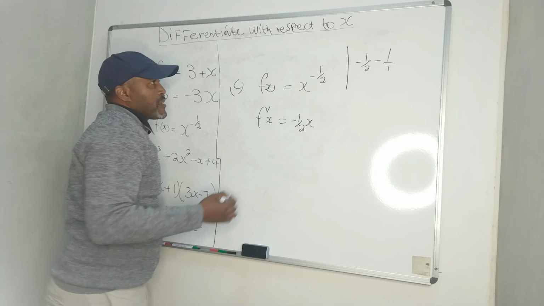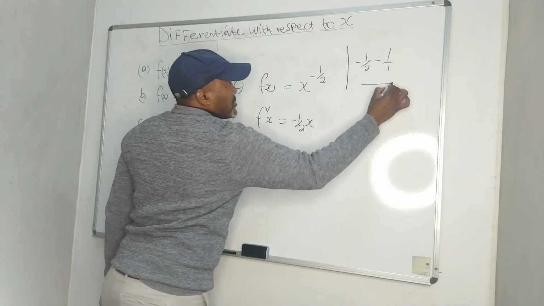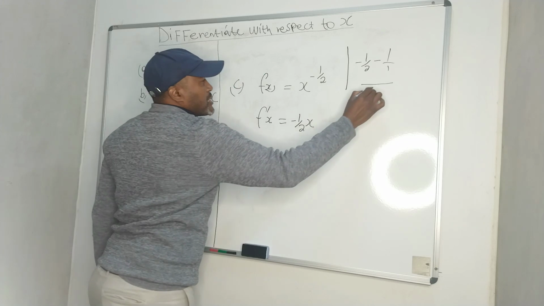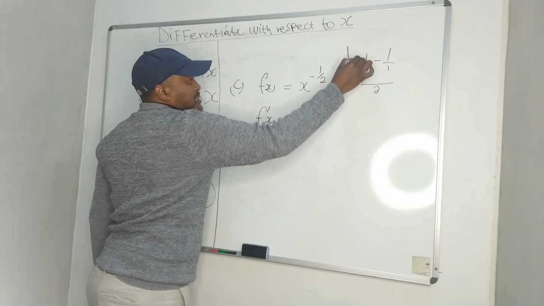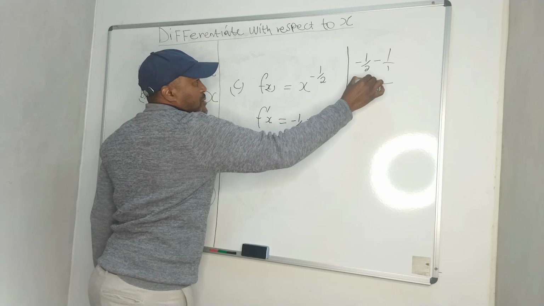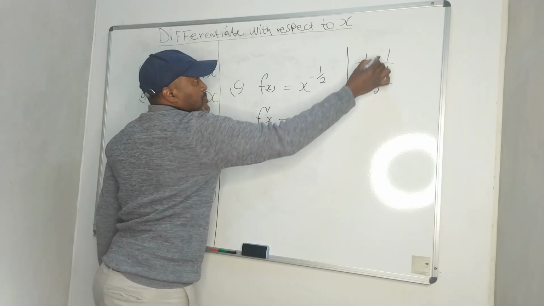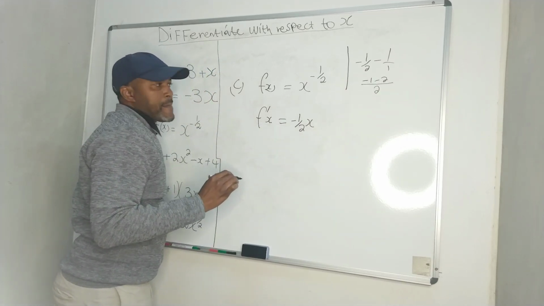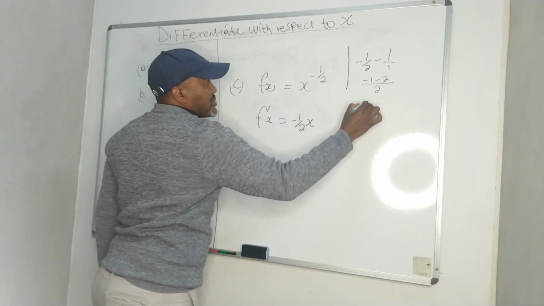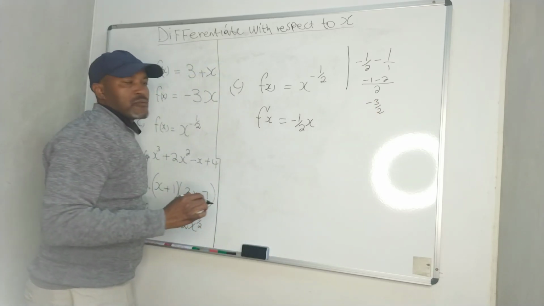If you like, you can use a calculator, but we're going to do it like this. We take the LCM here. 2 into 2, 1. 1 times that is -1. 1 into 2, 2. 2 times that is 2. So it's going to be -3/2.